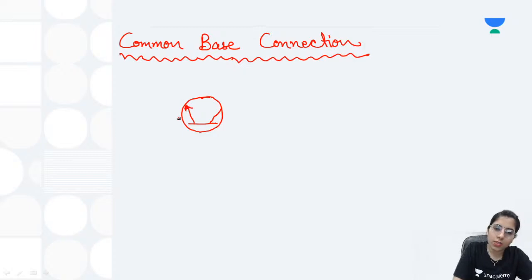Which type of transistor am I going to consider right now? If you are getting it, just mention that in the comments.